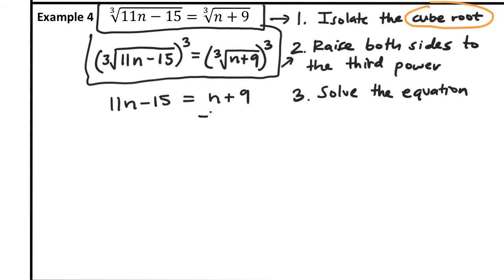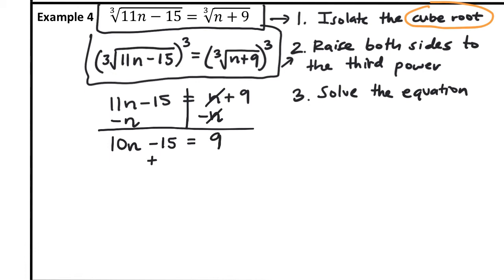So subtract n. 11n minus n is 10n's. These cancel here. I'm left with 9. Then I would add 15 on both sides. Then I get 10n equals 24.